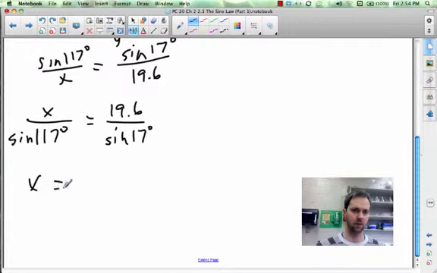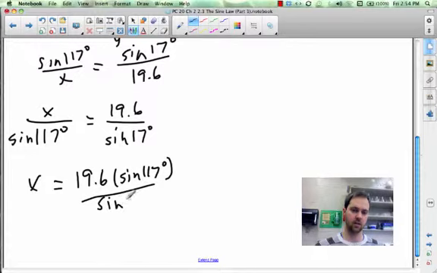So x equals 19.6 times sine 117 divided by sine 17 degrees.